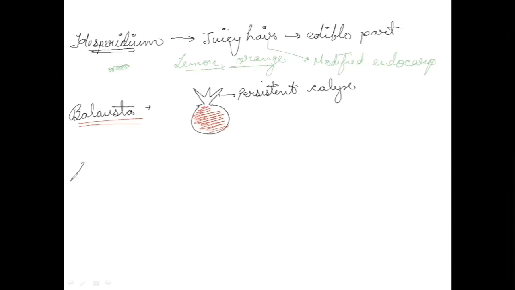Then we have the last one, that is Syconus. Syconus is the fruit formed from Hypanthodium inflorescence.